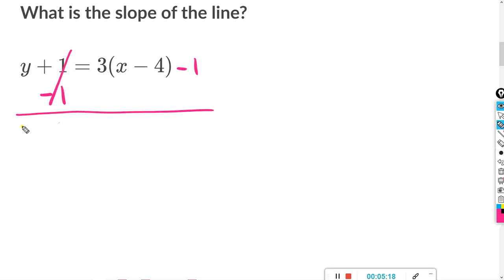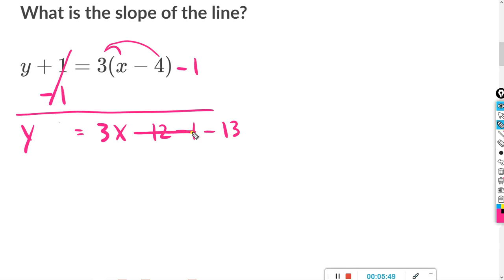I'm going to bring down the 1, bring down the equal sign, and then right here I'm going to use the distributive property. 3 times x is 3x. 3 times negative 4 is negative 12. And then we have minus 1 here. And negative 12 minus 1 is actually negative 13. So I could just cross this out and write negative 13.